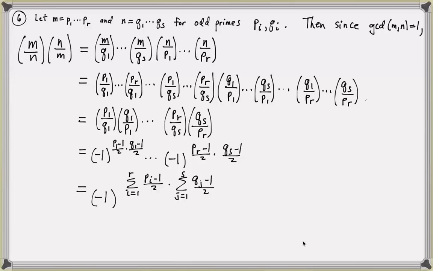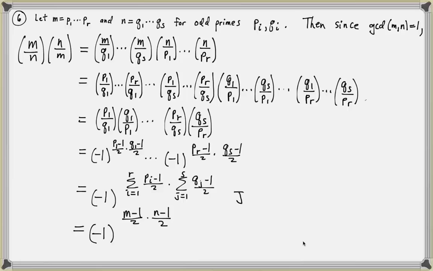And just as we saw in the proof of property 4, these sums are congruent to m minus 1 over 2 and n minus 1 over 2 mod 2, so I can replace them. This would be negative 1 to the power m minus 1 over 2 times n minus 1 over 2.